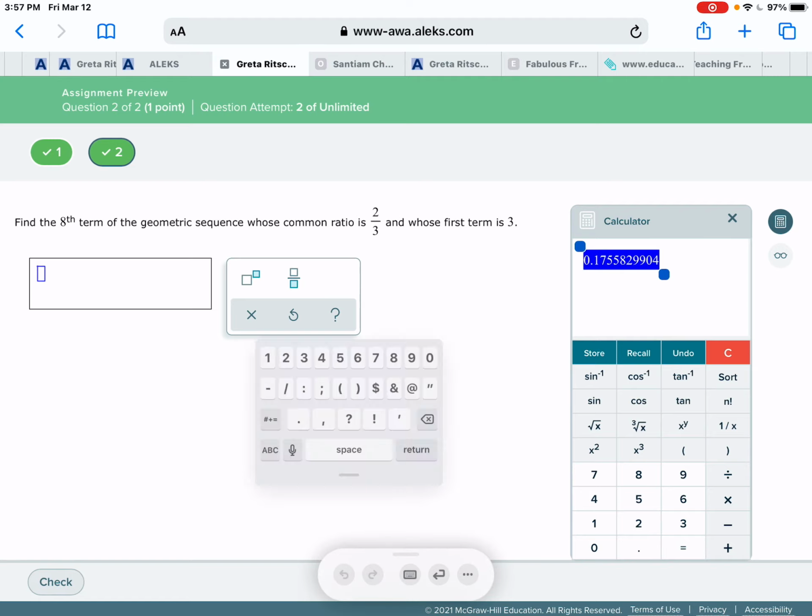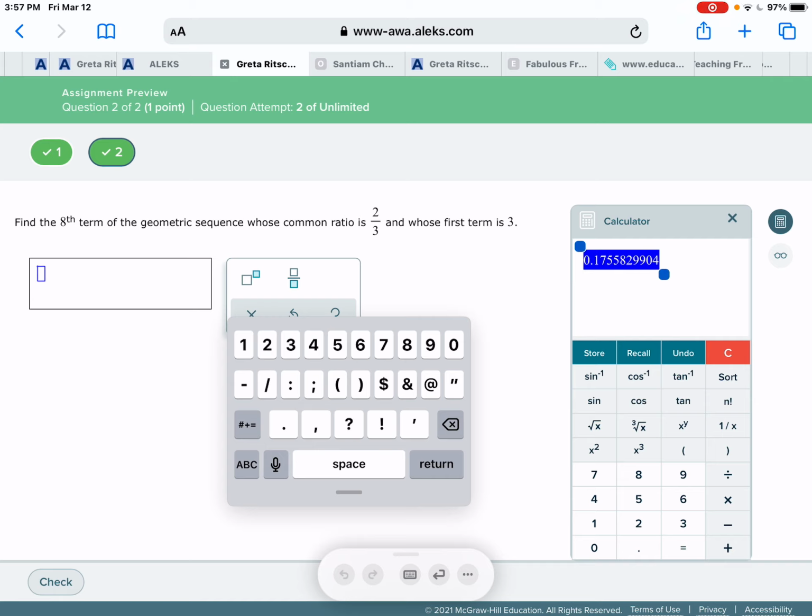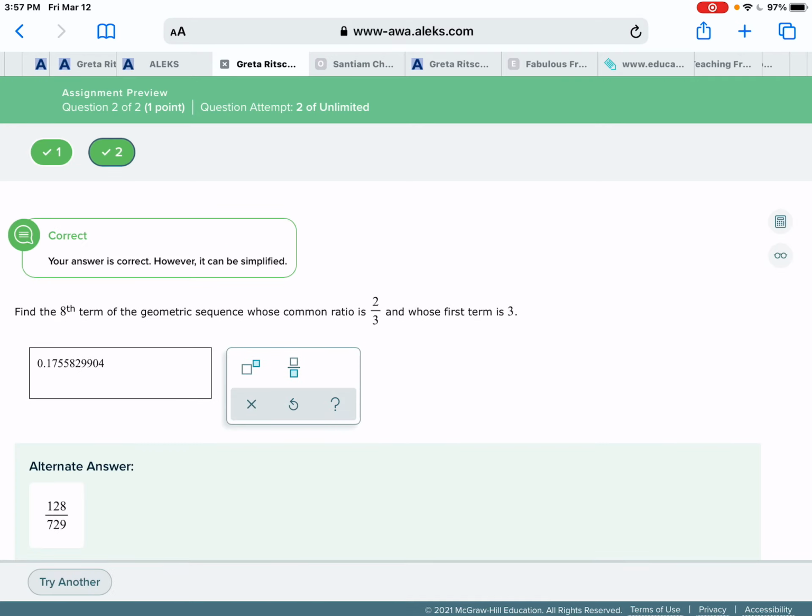Fraction is a nicer number. This calculator doesn't necessarily have that option. 0.17558299. Not sure it's going to actually take that.